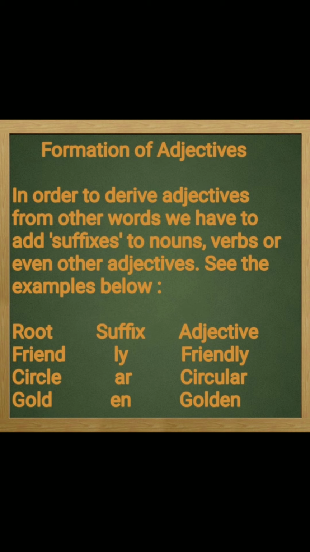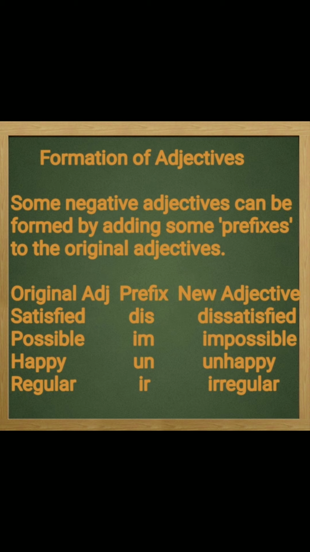Then the word coast. When we add AL at the end, it becomes coastal. Wood, EN, wooden. That's how we add a suffix, make new words from present words, and then make adjectives. In the same manner, by adding a prefix, we can make new adjectives.